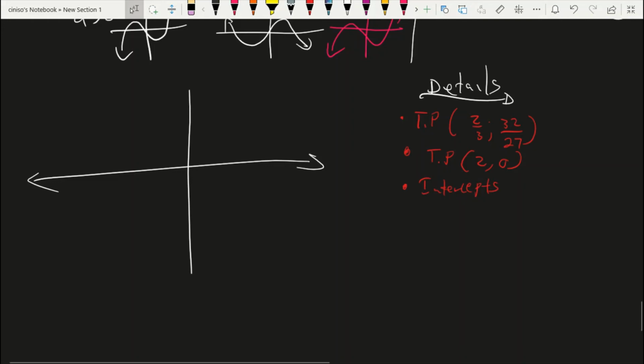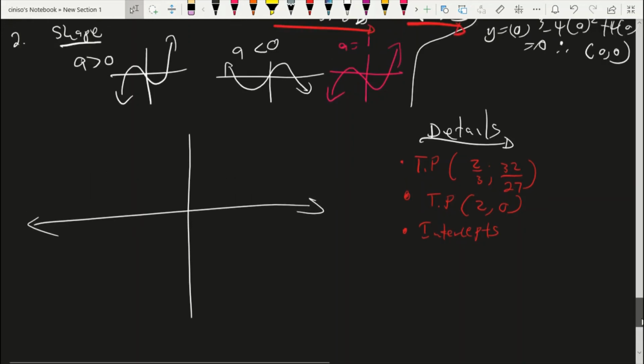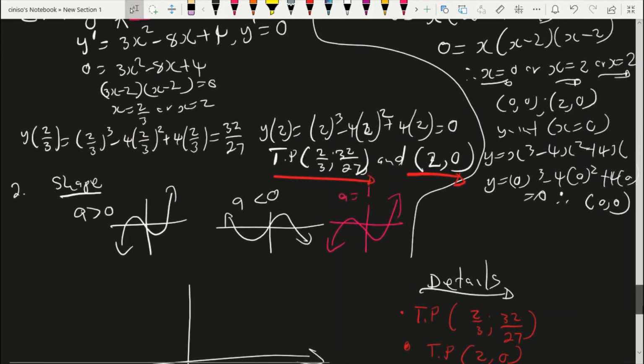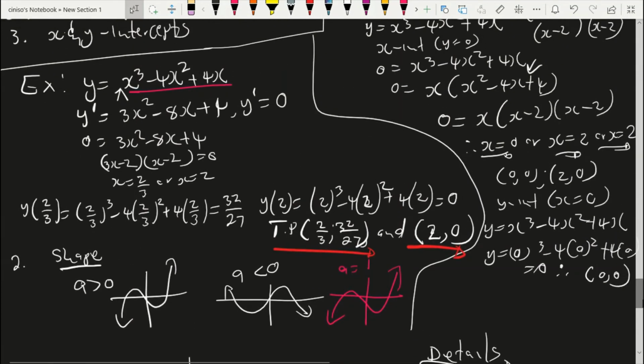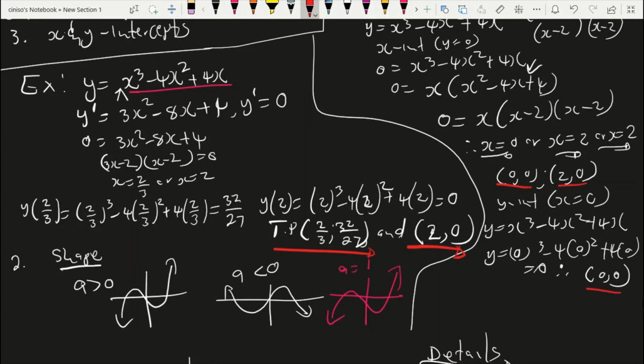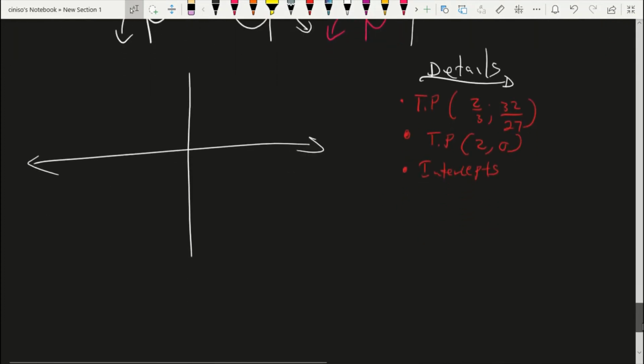and your intercepts. So if you go back and check your intercepts here, you'll know that your x-intercepts are 0 and 0, 2 and 0, and your y-intercept is just 0 and 0. So you're going to write them down because it's very important.